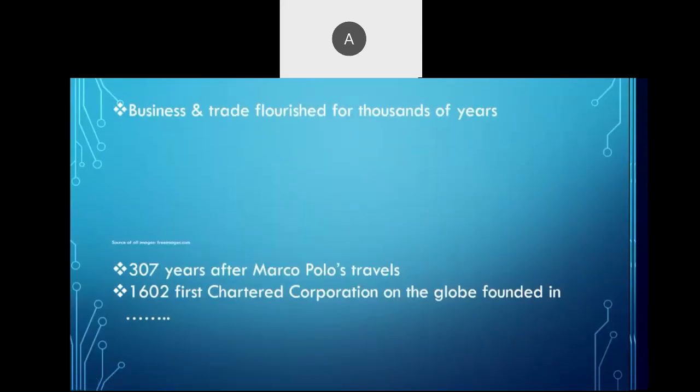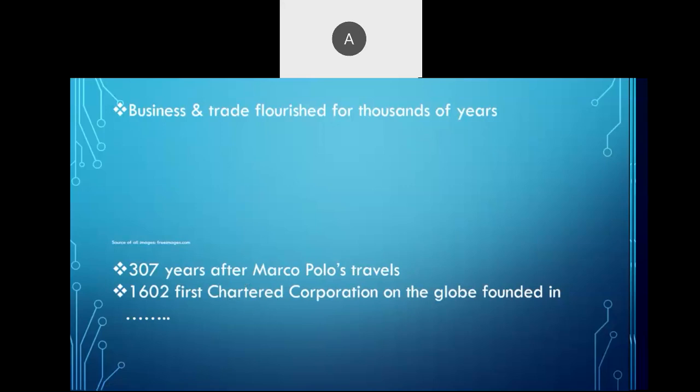Business and trade flourished for thousands of years. For 307 years, even after Marco Polo finished his travels, in 1602, the first chartered corporation on the globe was founded in a European country.